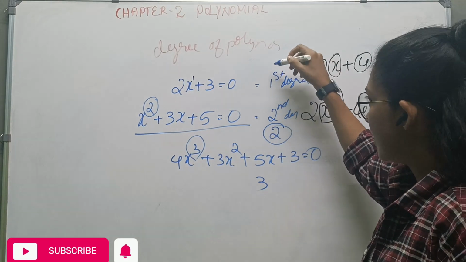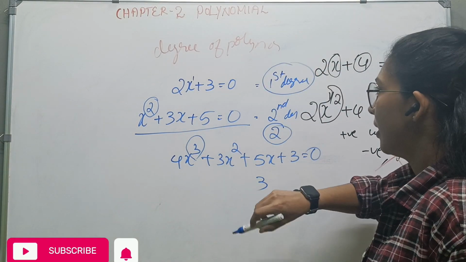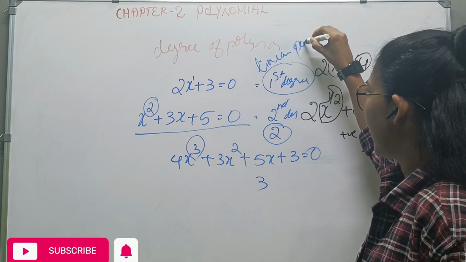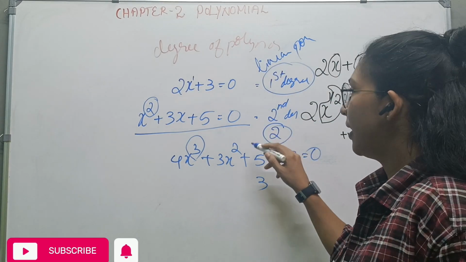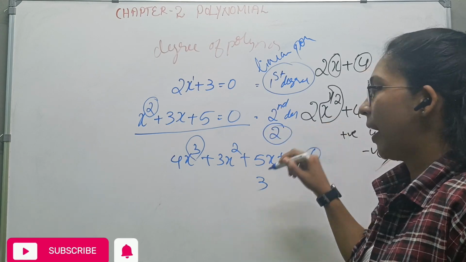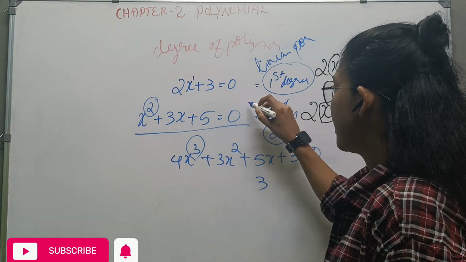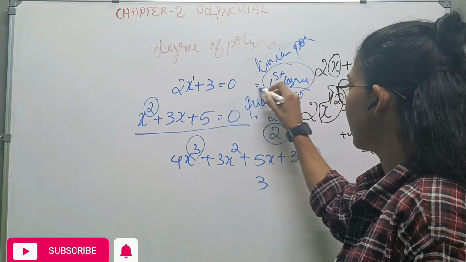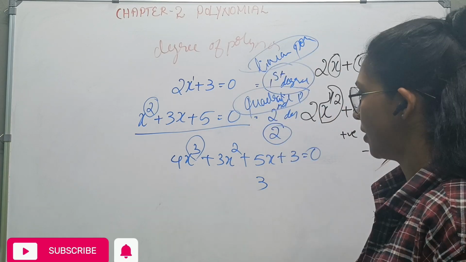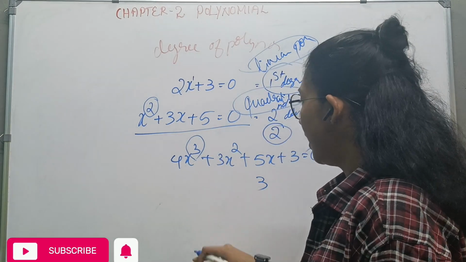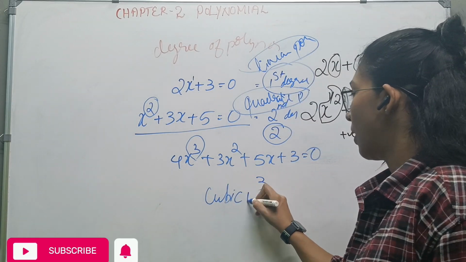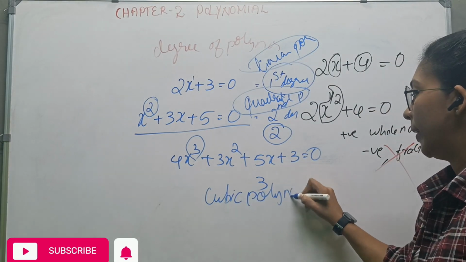Also, for the first degree polynomial, we say it's a linear polynomial; for the second degree polynomial, we say it's a quadratic polynomial; and for the third degree, we say it's a cubic polynomial.